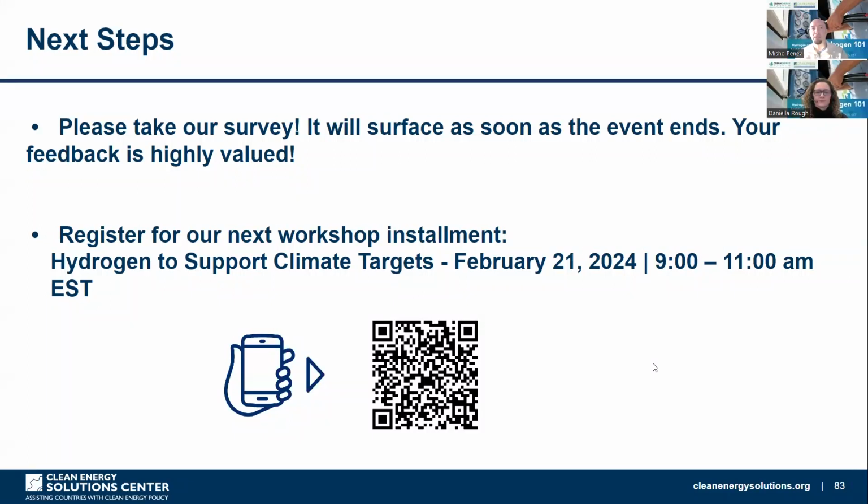Yeah, no, that's a very good question, and there is a lot of research happening in the United States on how much hydrogen we can blend into existing infrastructure, how much of the infrastructure can be converted to 100% hydrogen. So there is definitely a lot of ongoing research and analysis in that area.